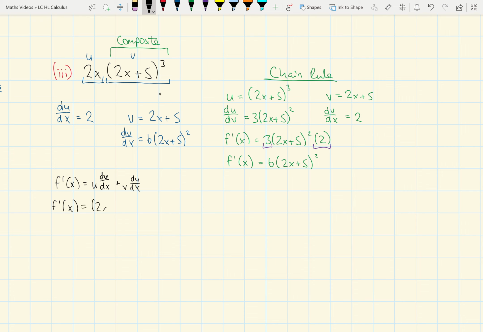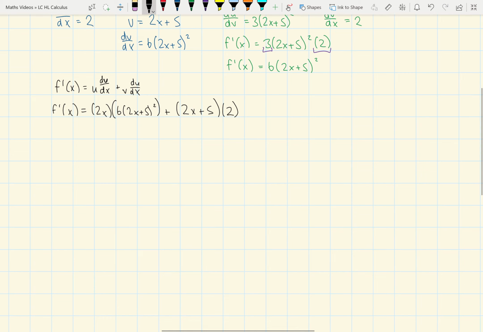So my u is 2x, dv dx is 6 bracket 2x plus 5 squared, plus my v is 2x plus 5, and du dx then just gives me back 2. So now I have a couple of brackets. I'm just going to multiply it and then tidy up. So here I have 2x and I have 6. I can multiply them.